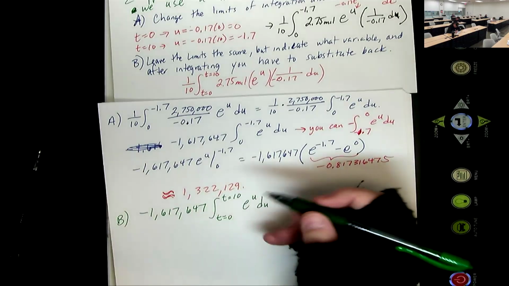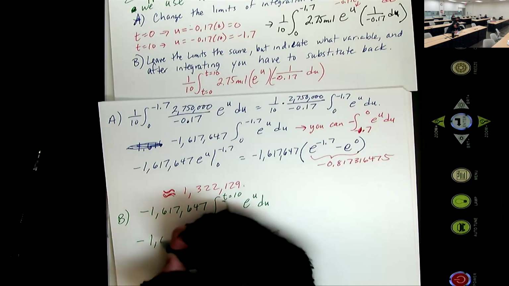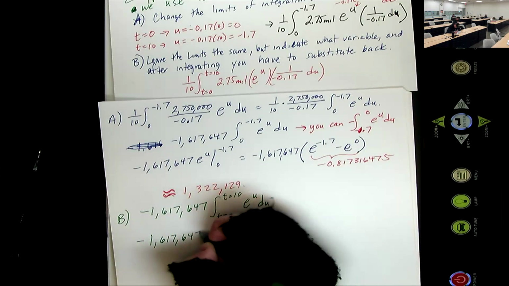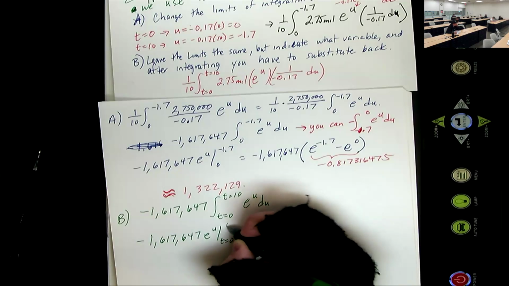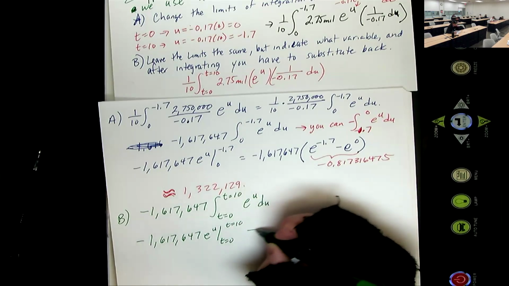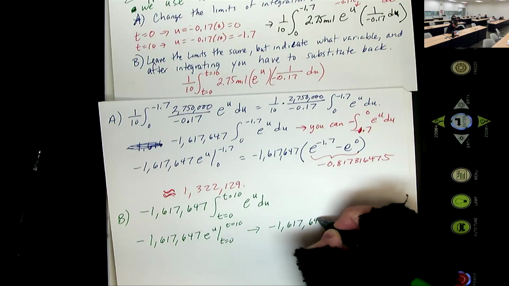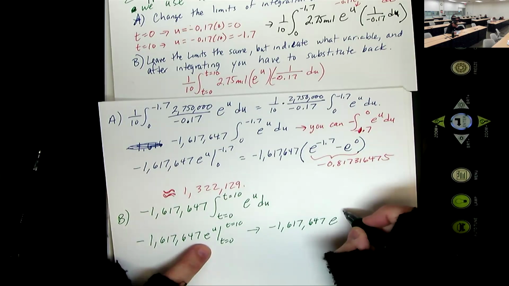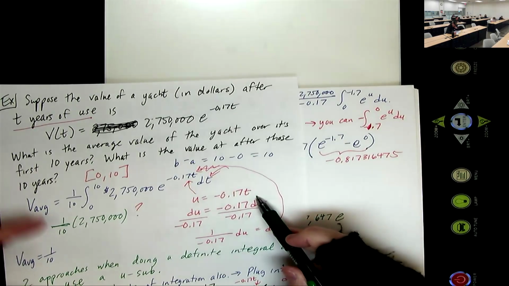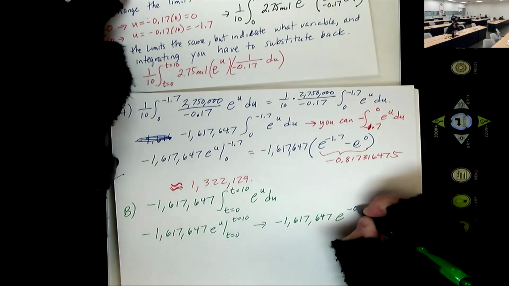So we integrate, and of course we get e to the u, from t equals 0 to t equals 10. And now you have to switch back to t. Up here, u was negative 0.17 t, so we're going to put that back in.